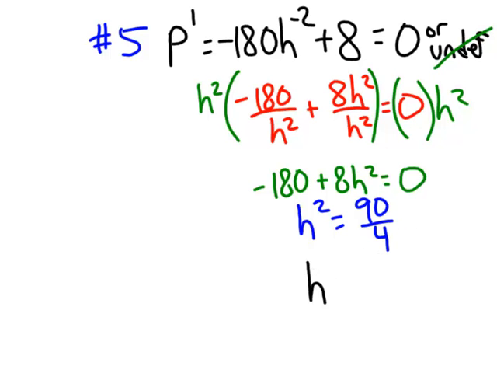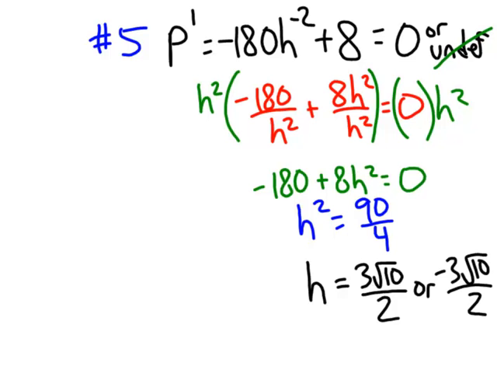So when I square root, I get, see, 3 root 10, that's the square root of 90, right, over 2. And technically, just to make a point here, technically this is a solution to this equation. But remember, negative values of H are not in the feasible domain. They don't make sense, so we'll acknowledge it and then cross it out.